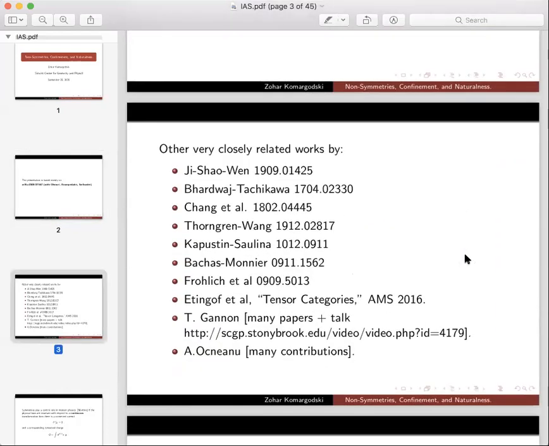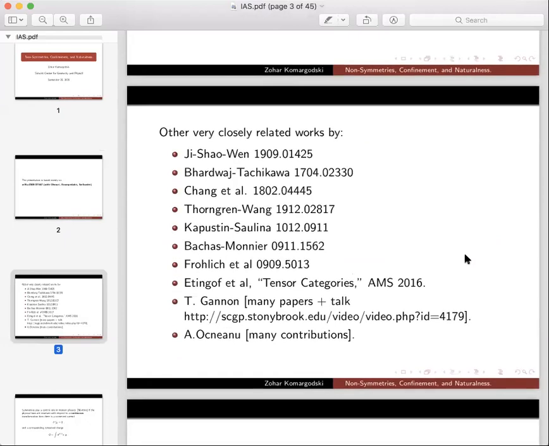Also, there is a huge amount of literature on the subject that I will probably not refer to very systematically during the talk. So I just wanted to flag some papers that are very important for what I'm going to say. I'll try to be more or less self-contained and explain the concepts that I'm using.